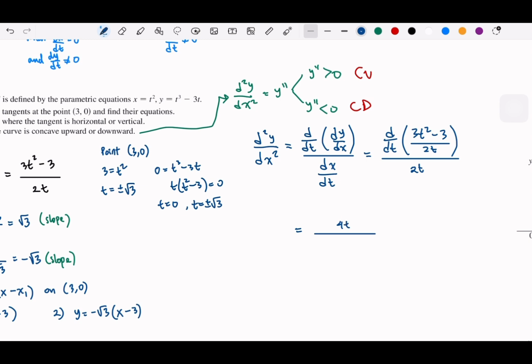This will be 6t multiplied by 2t minus 2 times (3t squared minus 3).